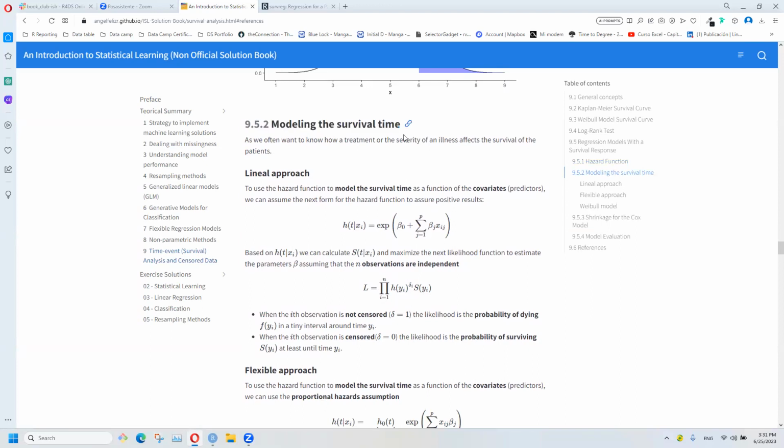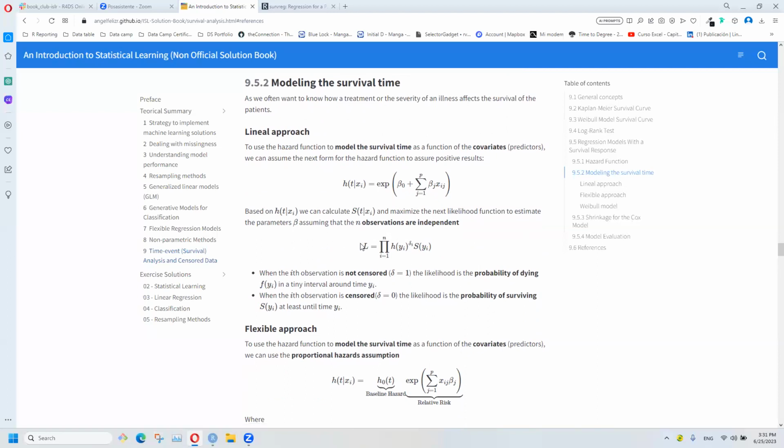So to model the survival time, we could use the linear approach. That's basically to calculate the hazard based on our predictors using an exponential function with an intercept and a linear product.